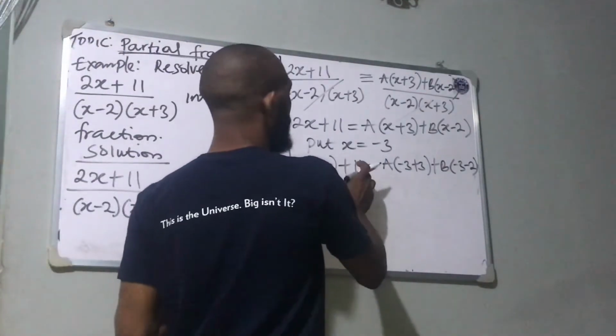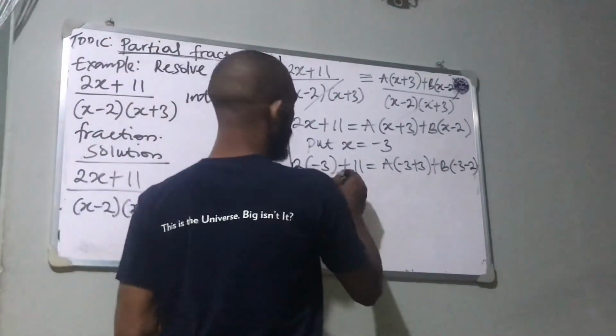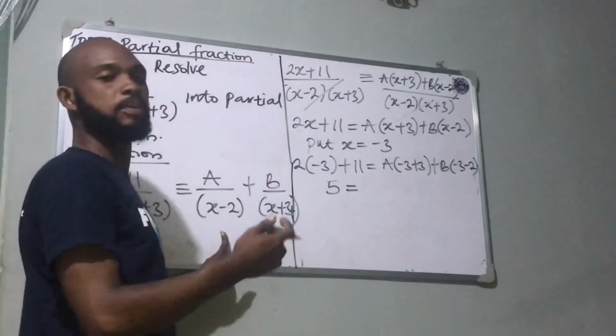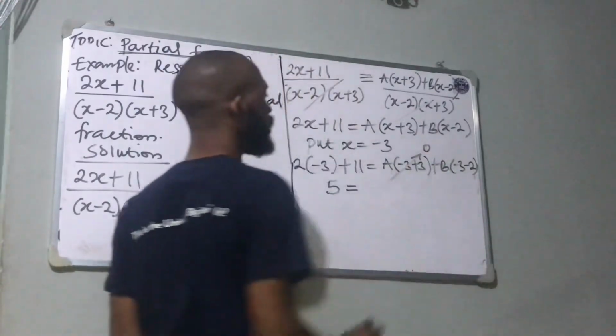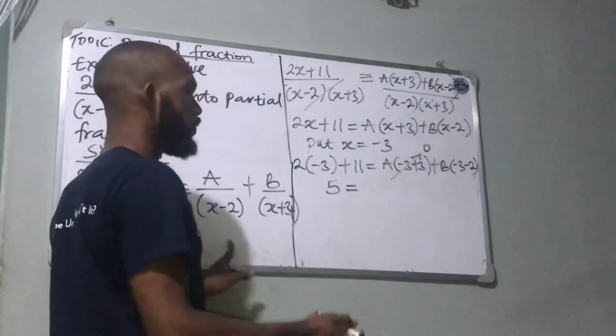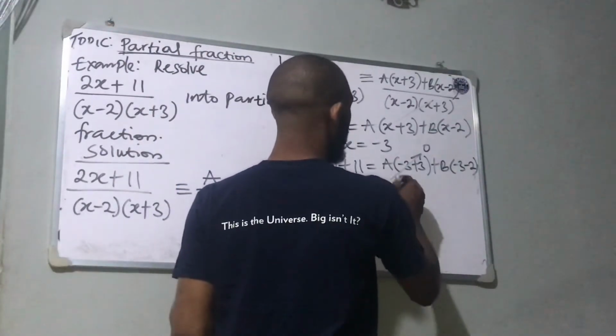Minus 6 plus 11, I'll be left with 5. So 5 is equal to, minus 3 plus 3 is 0, 0 times a is 0. So I can strike this out because this will give me 0. So I'm left with minus 3 minus 2 will give me minus 5. Minus 5 times b, I'll be left with minus 5b.